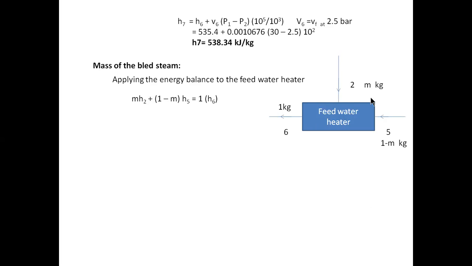Because m kg gets added here, we get 1 kg at the outlet. For this I will apply the steady flow energy equation. When I say the steady flow energy equation, I need to identify what is the input and what is the output.